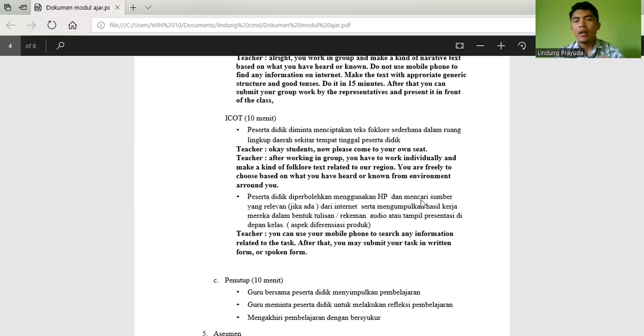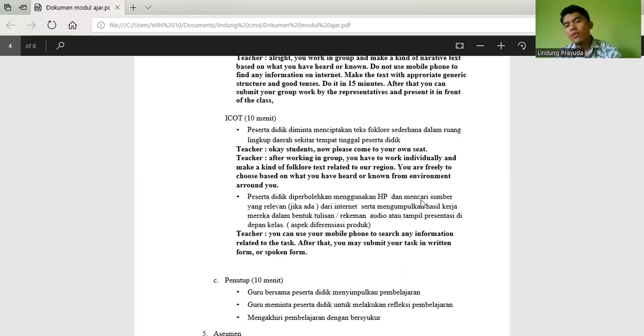They can submit their work in written form, or do a presentation in front of the class, or record their voice on a mobile phone and send it to the teacher's phone through WhatsApp.